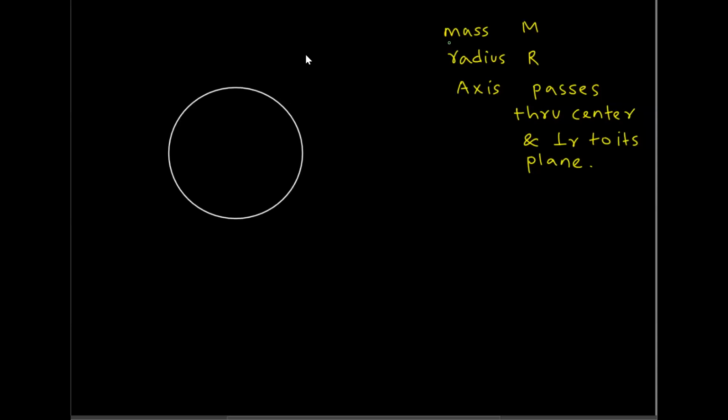Now if I take a uniform disk here, this is not a ring now, this is a disk. The mass is m and the radius is r, the same thing. The axis passes through the center of the disk and is perpendicular to its plane. Now in this case, you have mass everywhere, so mass is present everywhere.